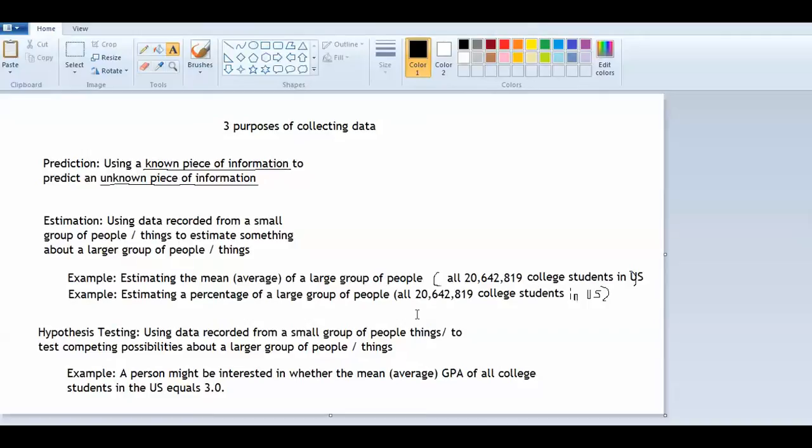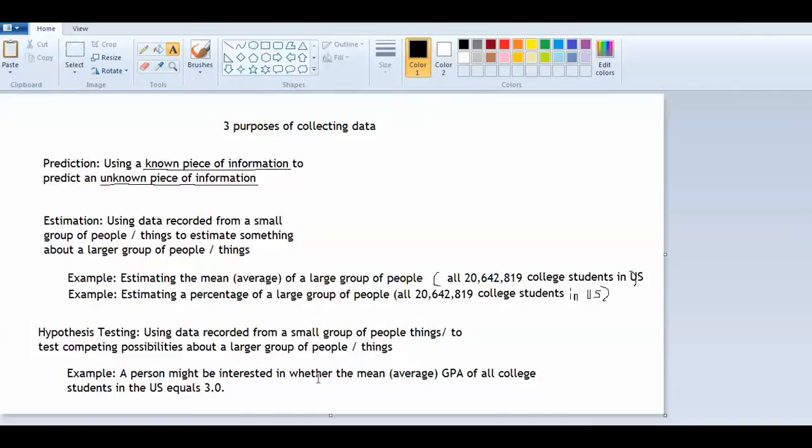Well, the person could do the same thing we did up here. The person might select a smaller group of volunteers and record their GPAs, and based on the GPAs that the person ends up recording, the person will make the decision about these two competing possibilities.